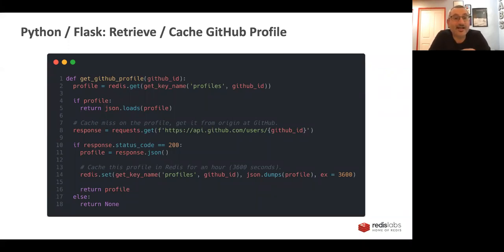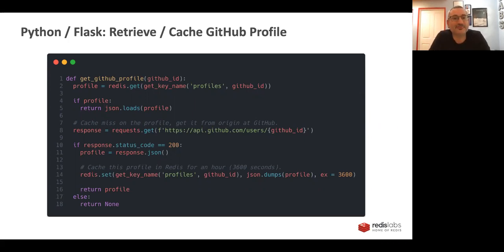And then we store that profile in Redis so that when we need it again in the future as part of this application, either to check if we have seen you already or to tell you that you've won perhaps, we don't have to go all the way out to GitHub and do that again.